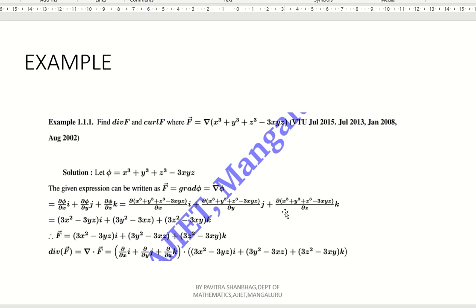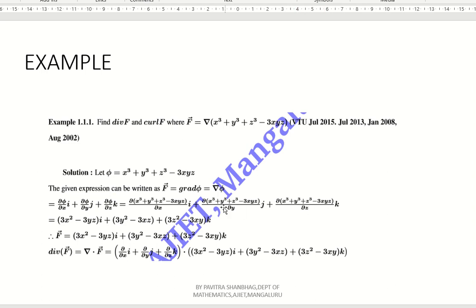Plus, now differentiate with respect to z. With respect to z, the x cube derivative is 0. With respect to z, the y cube derivative is also 0. Now with respect to z, the z cube derivative is 3z square, right? 3z square minus, here 3xyz is there. With respect to z you should keep xy fixed as a constant. So minus 3xy into 1.